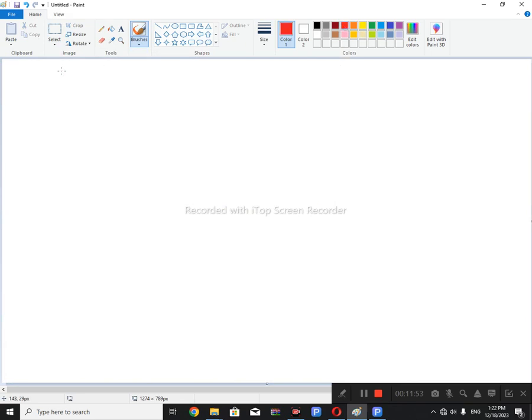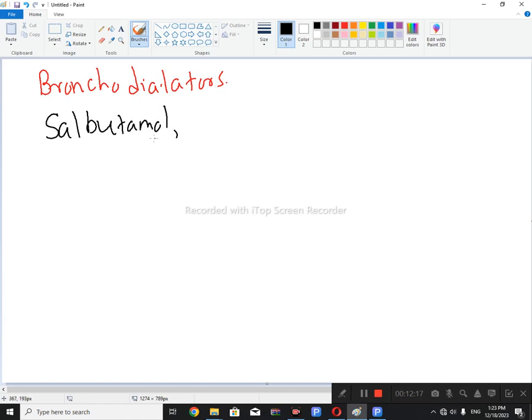Bronchodilators: salbutamol, terbutaline.